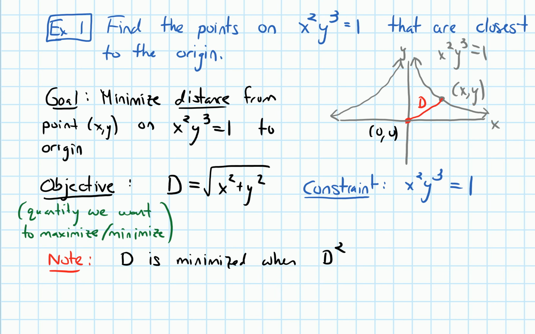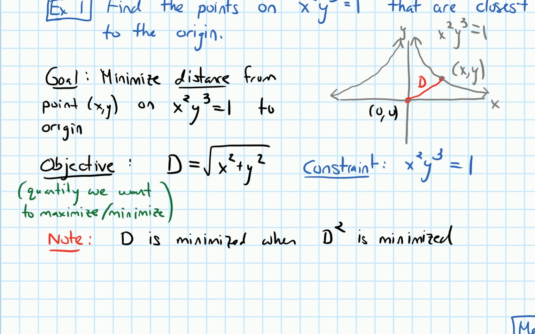Let me look at a few numbers to illustrate why. Because d is the square root of some stuff, it is going to be greater than or equal to 0.